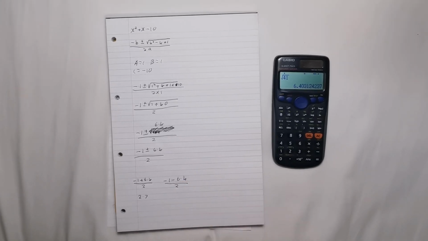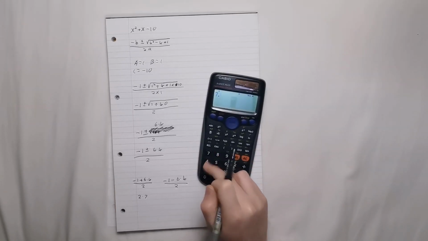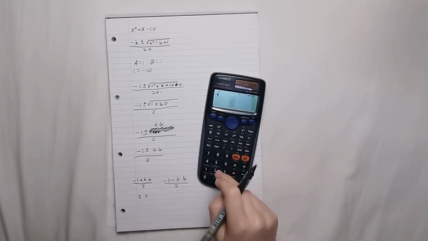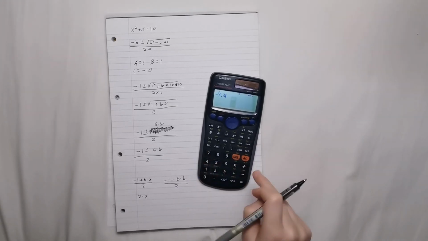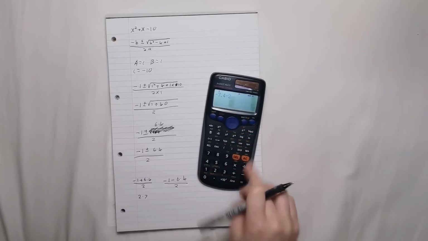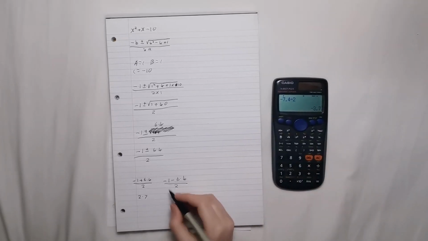Over 2 is, well, -1 minus 6.4 is -7.4, and then -7.4 divided by 2 is -3.7.